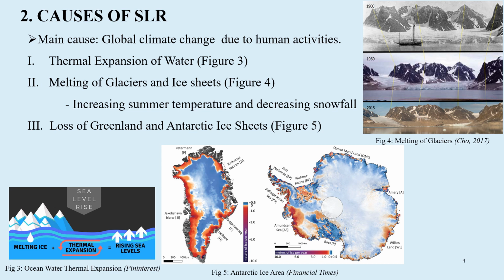Typically, ice formation in mountains like glaciers melts during the summer and contributes to the ocean water. Due to global warming, however, summer temperatures are increasing, which is resulting in a large volume of glacier meltdown and greater runoff.